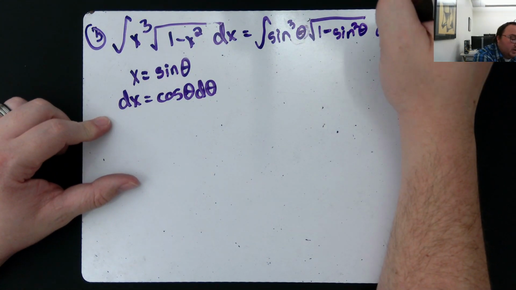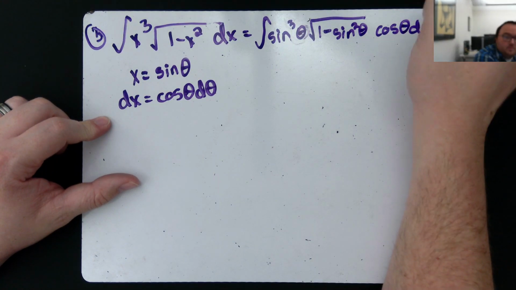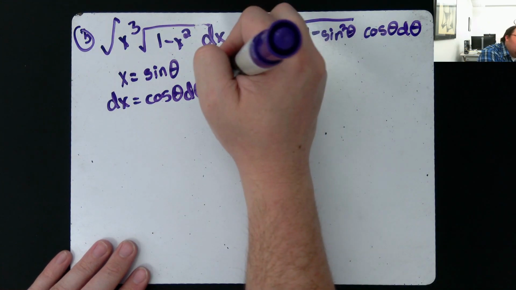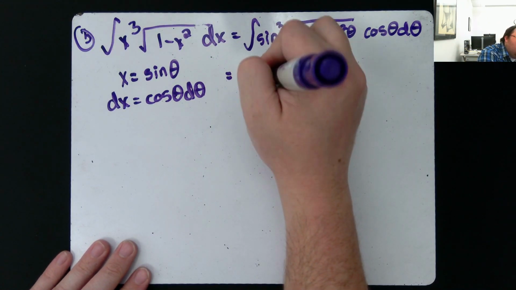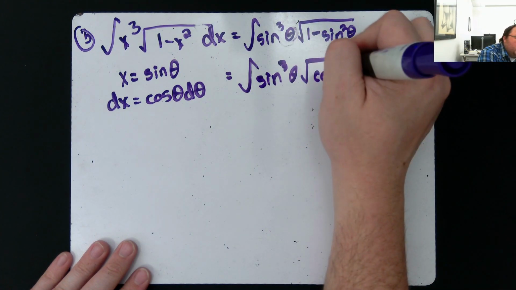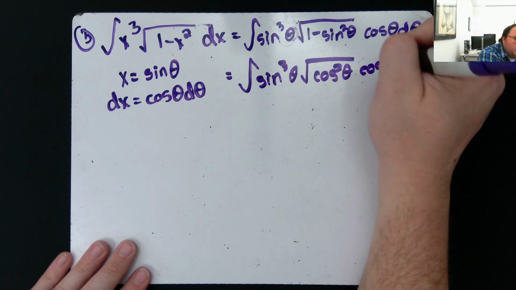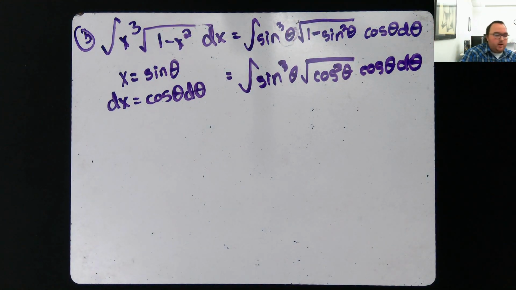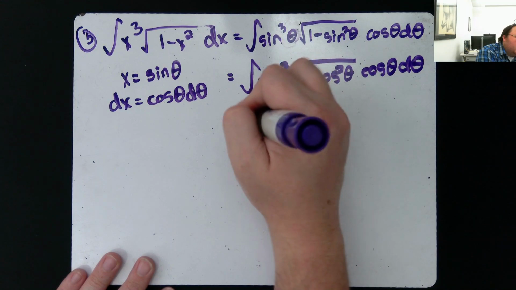Dx we're rewriting as cosine theta d theta. Let's work this out. 1 minus sine squared is cosine squared. So this is an integral of sine cubed theta, square root of cosine squared theta times cosine theta d theta. Well, the square root of cosine squared would just be cosine.